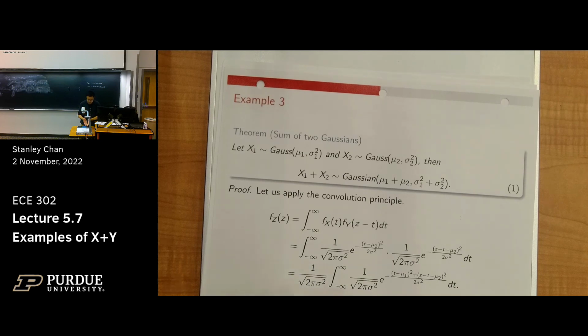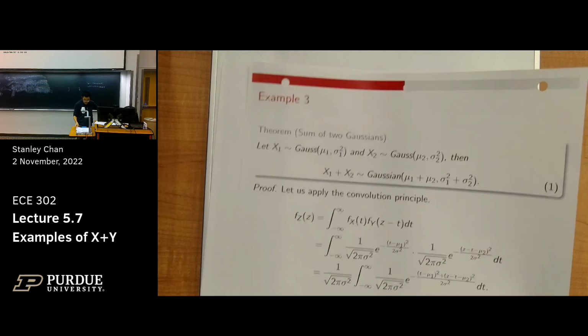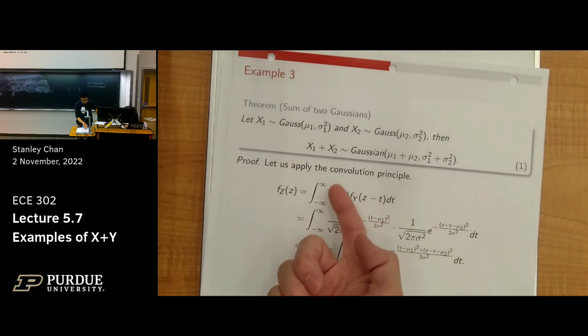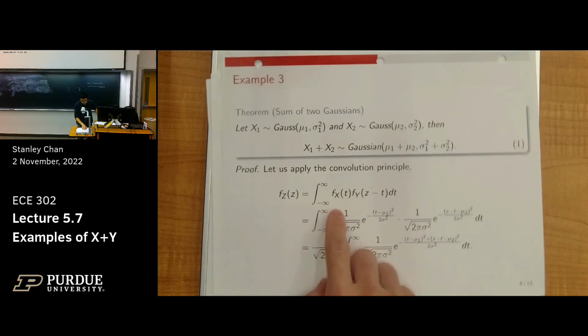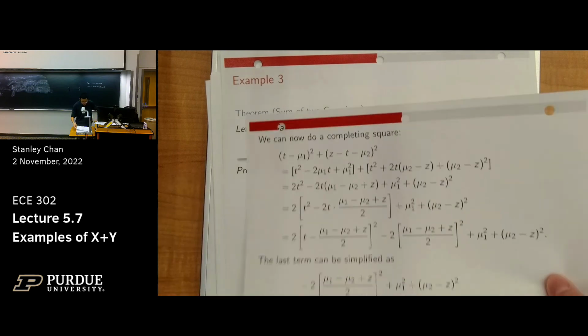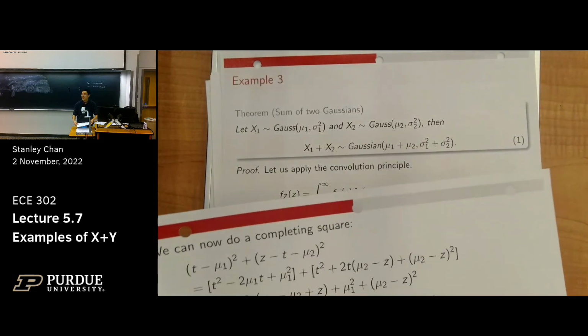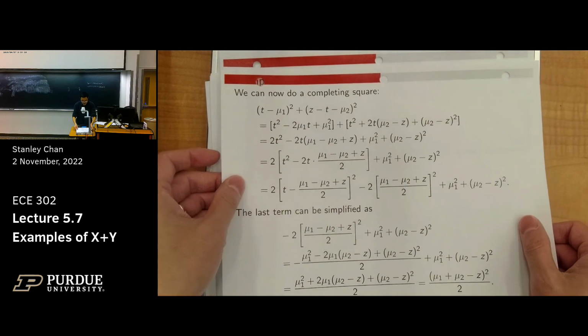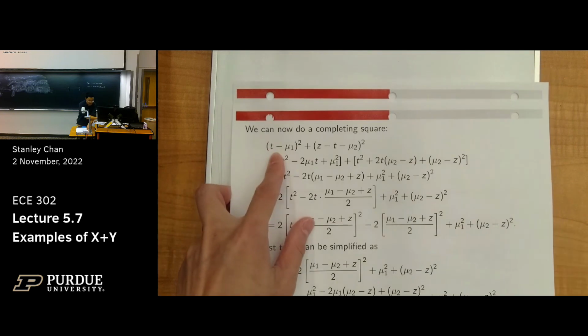You can prove it by this convolution. Basically, that tells you another thing: you convolve two Gaussians, you will remain a Gaussian. So that's a beauty. The first line of this slide is the convolution. The remaining is very, very long, but it is just calculus.